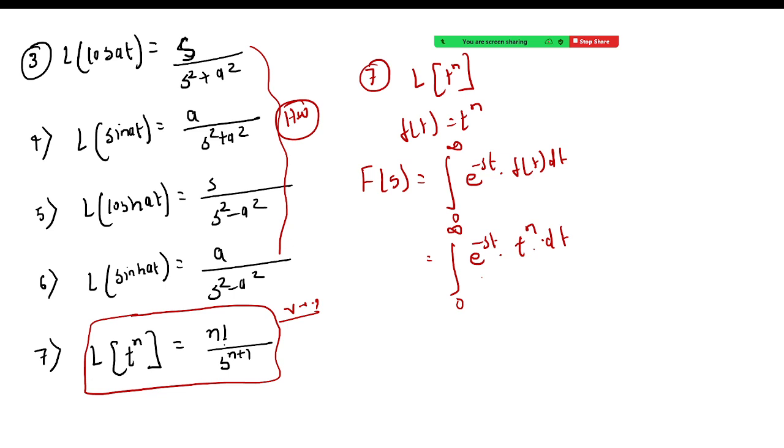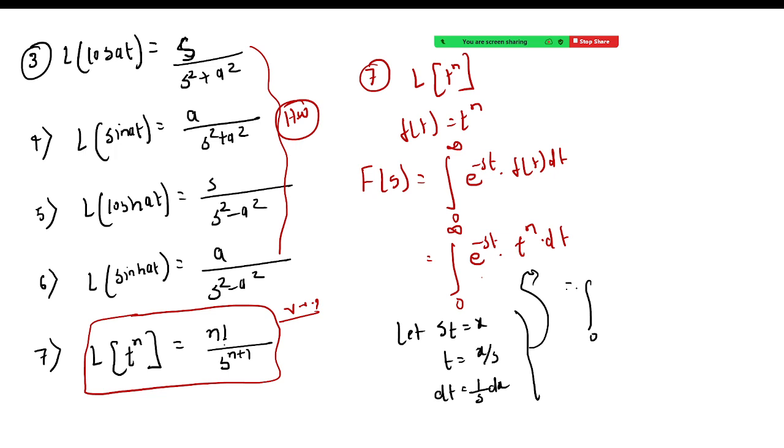And the second way, since this is integration only, right? So I'll be using, let st is equal to x. So your t is equal to x divided by s. So I can use dt is equal to 1 upon s dx, right? So I'll be substituting these things over here.